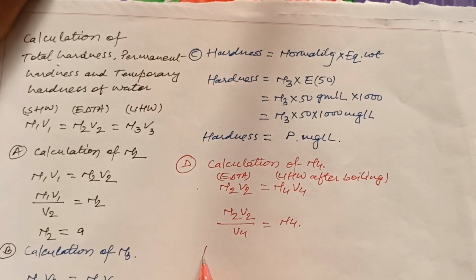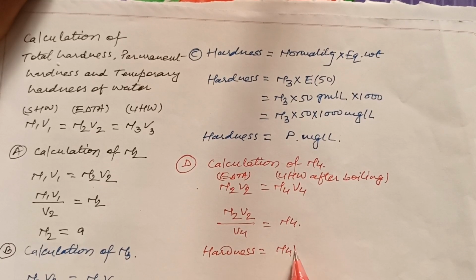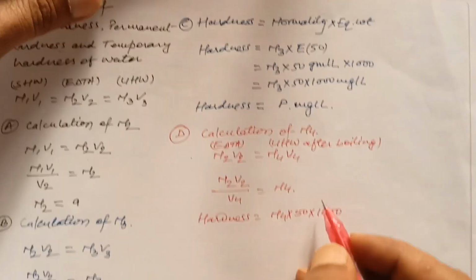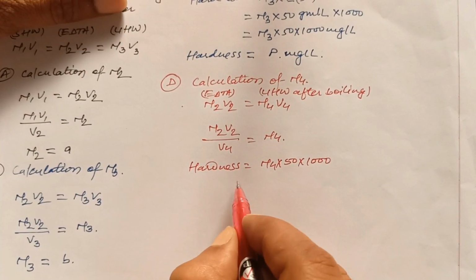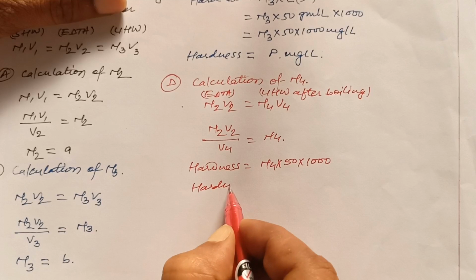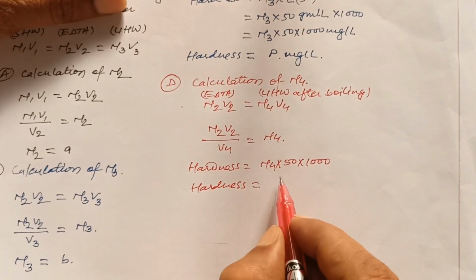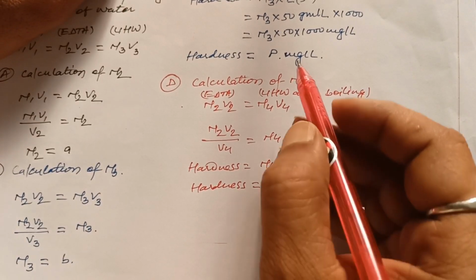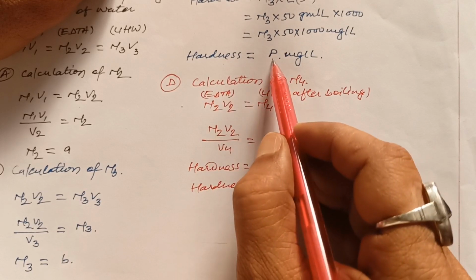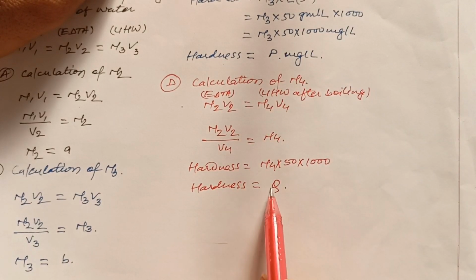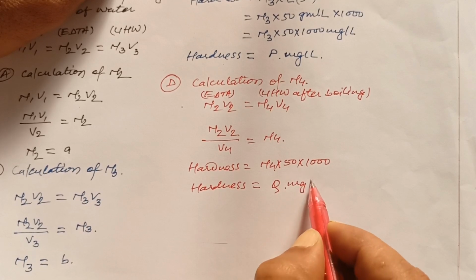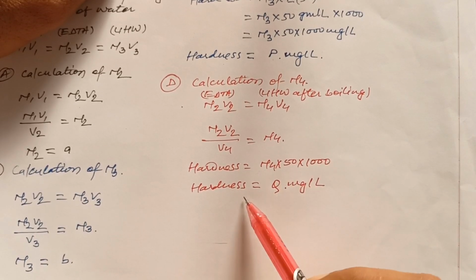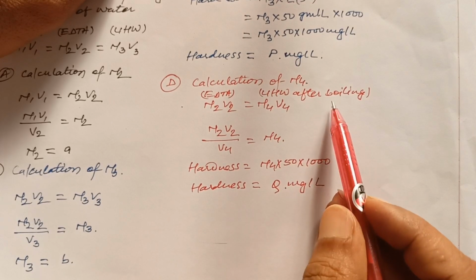And now once again hardness is equal to normality N4 into 50 into 1000. So we get here the hardness is equal to, suppose, Q. Now listen, we got hardness P and we got hardness Q, milligrams per liter. This hardness is obtained after boiling of water.